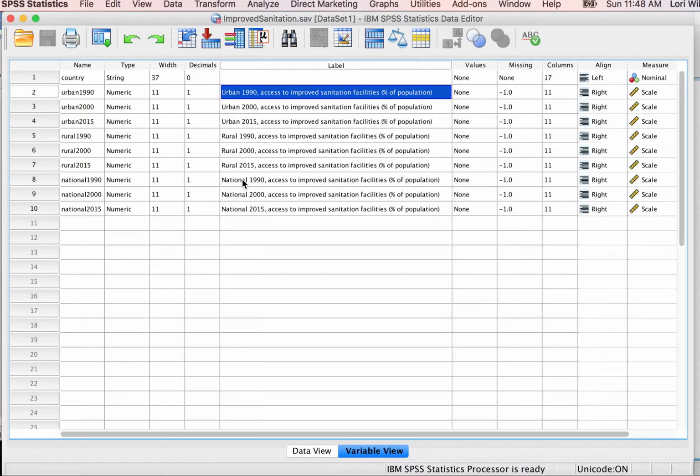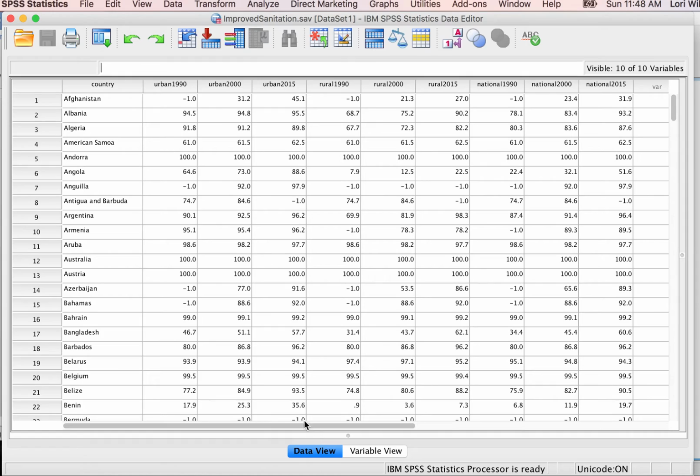So for this example, let's go ahead and look at the rural level. One other thing that I wanted to point out here on the variable view page is that for missing, all of the places where there was no data at the time they collected it, either in 1990, 2000, or 2015, those missing are coded as a -1. So you'll see in here for Afghanistan, in the urban areas for 1990, they did not actually have information for that.